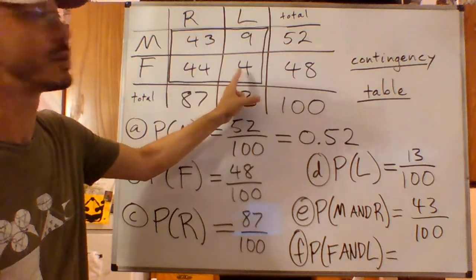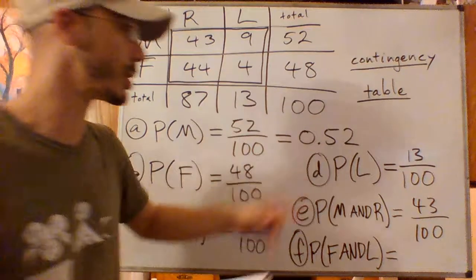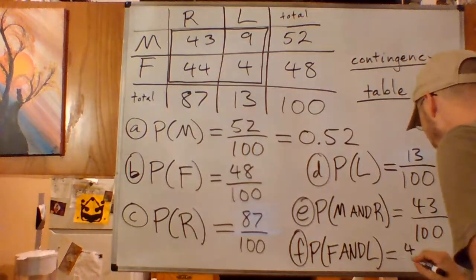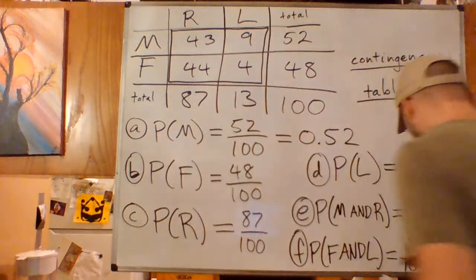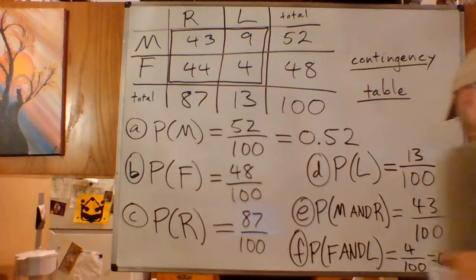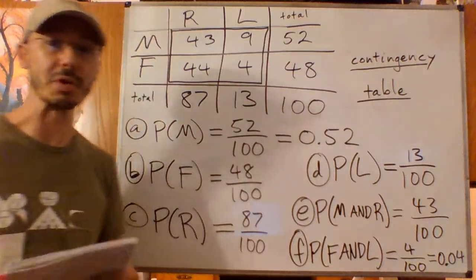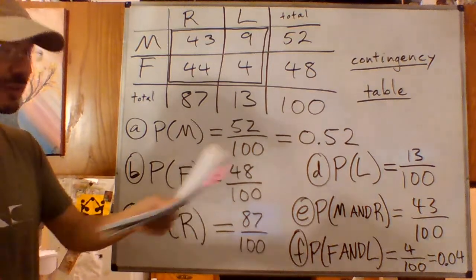Female and left-handed, there's only 4 left-handed females out of this whole group of 100. So if we select one at random, the probability is 4 out of 100. By the way, that's 0.04 or 4%. But 4 out of 100 is a good way to write it. 1/25 if you reduce.